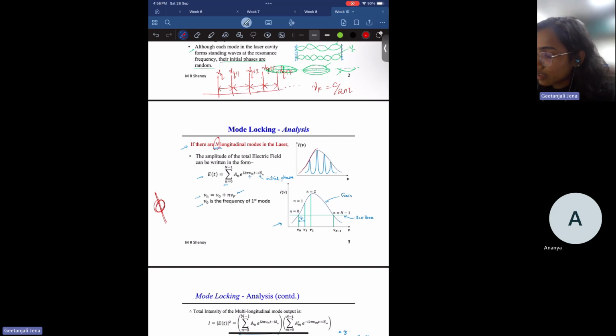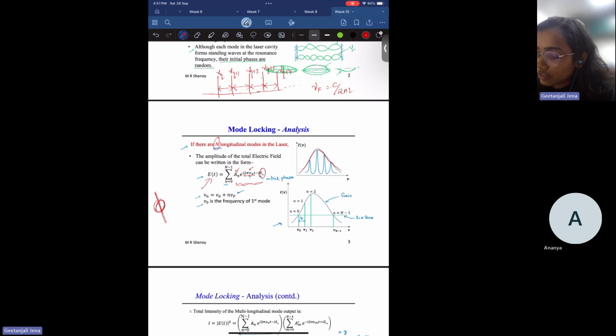If you see this figure, there are different longitudinal modes oscillating inside the cavity, and the electric field you can write as this expression, where a n is the amplitude of the nth mode, and 2 pi nu t minus delta n is the phase of the nth longitudinal mode. Here delta n is the initial phase that the mode has initially during the oscillation process.